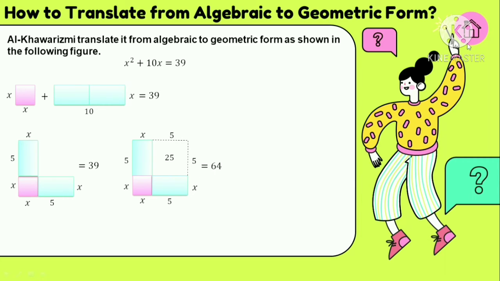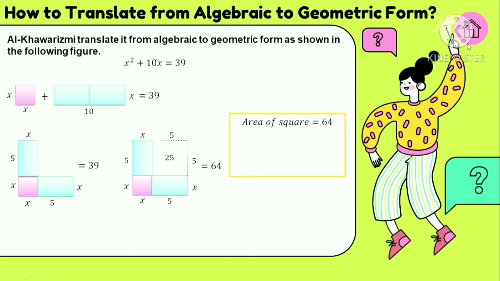We get 64 from 39 plus 25. From the last picture, we have a big square, which consists of a purple square, two blue rectangles, and a white square. Right? So, we also know the area of the big square is equal to 64.